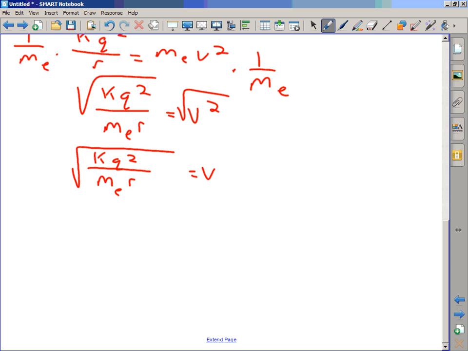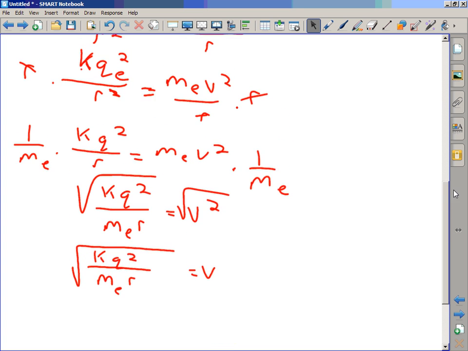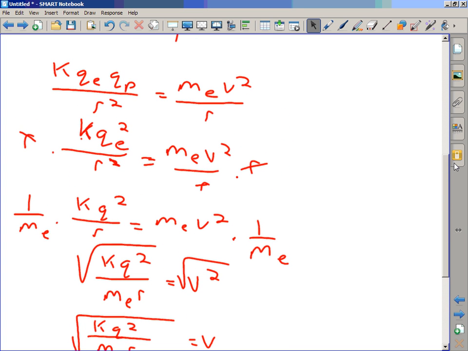What do you do with the second charge? The same charge. Going all the way back up to this line, the charge of the electron and the charge of the proton are the same, right? This is Q times Q, same charge, 1.6 times 10 to the negative 19. So I combine those two into Q squared.